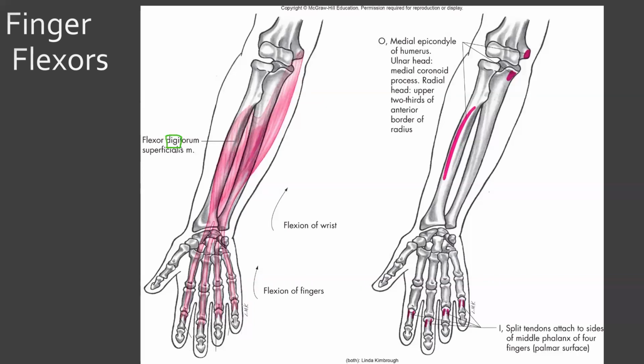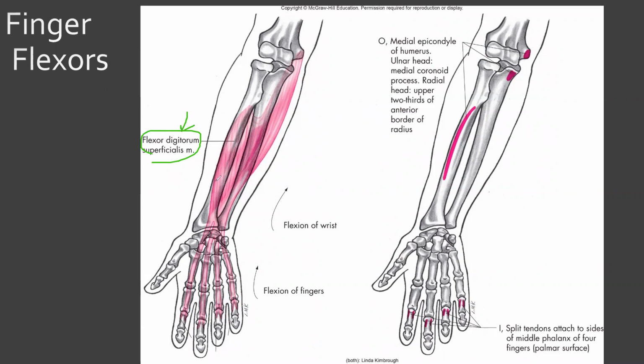Now, I did tell you to remember the keywords. Like digit means fingers. Depending on where their origin point is, they're going to move potentially more stuff. So flexor digitorum superficialis, the main purpose of this is to flex your fingers.